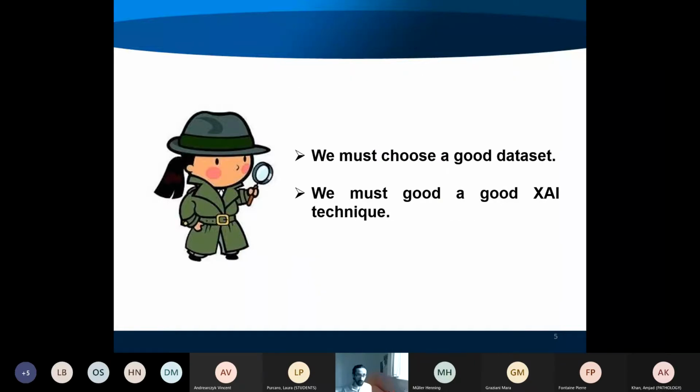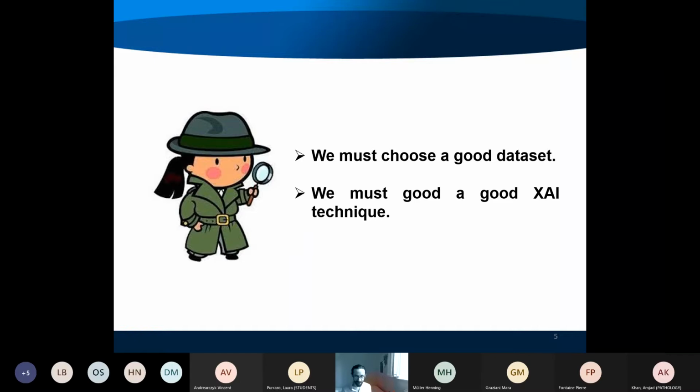So in order to approach this, we should choose a good data set first, and we'll see what constitutes a good data set. We must also choose a good technique for the purpose of images, because as I said, there's dozens, if not hundreds of techniques. Not all of them apply to image classification problems, and not all of the techniques that apply to image classification problems are equally consistent or pass sanity checks.